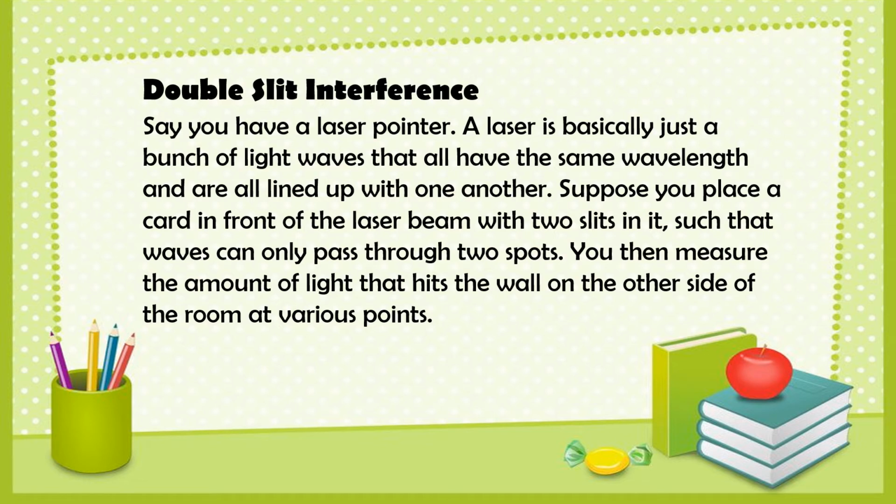So suppose you place a card in front of the laser beam with two slits in it such that waves can only pass through two spots. Okay? So if there are only two spots there, the light can only pass through there. Then you measure the amount of light that hits the wall on the other side of the room at various points. Okay.